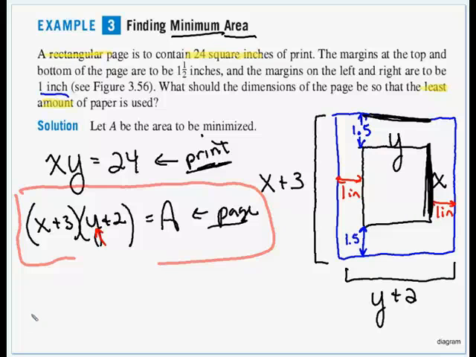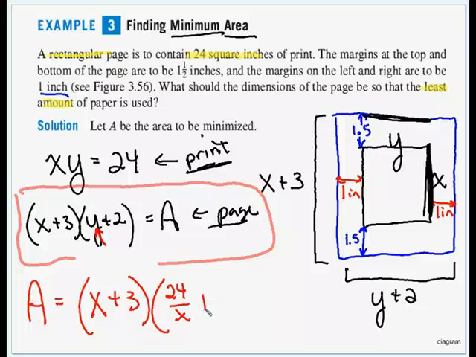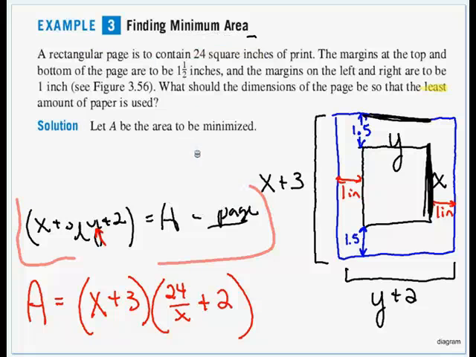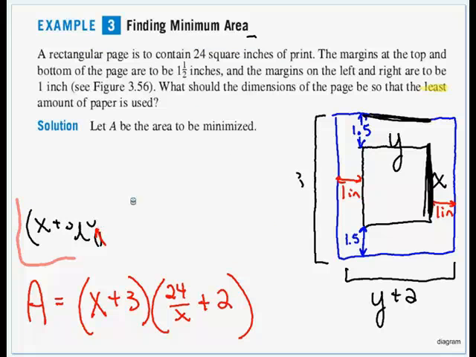So my primary equation is going to become A equals the quantity X plus 3 times Y plus 2, or now that's 24 divided by X, plus 2. So here's my new primary equation, and it's in one variable. And what we're going to do is just clean that up a little bit. We'll FOIL it out and collect our like terms.